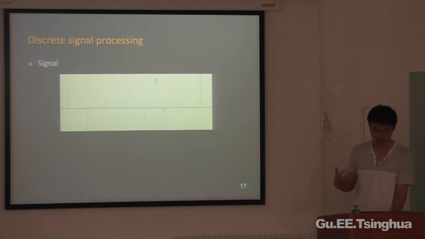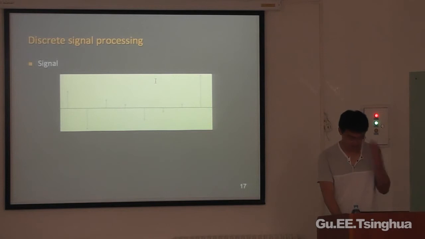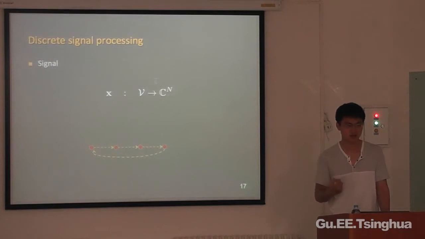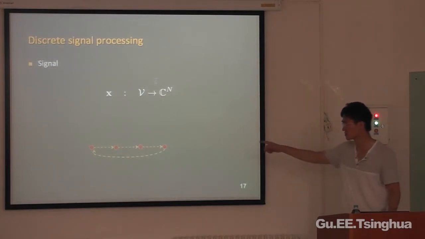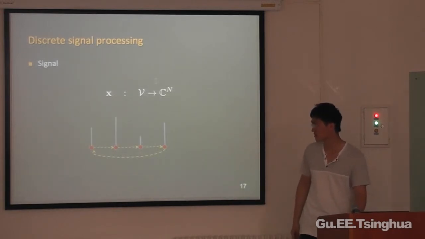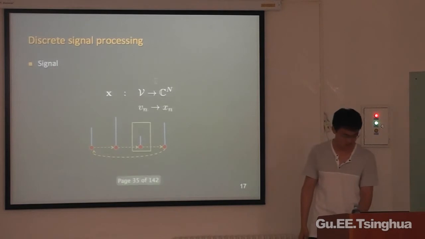When we think about a finite time series, this is what we think about: for each time step, there is some value associated with it. For a signal, if you ignore the concept of time, it is a map from the vertices to a series of complex values.